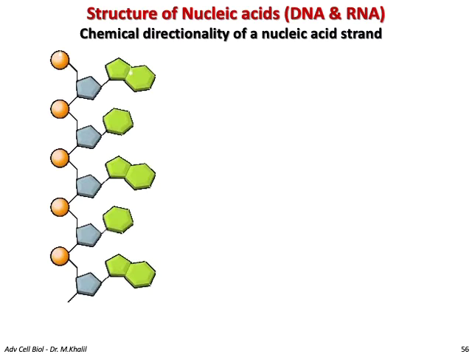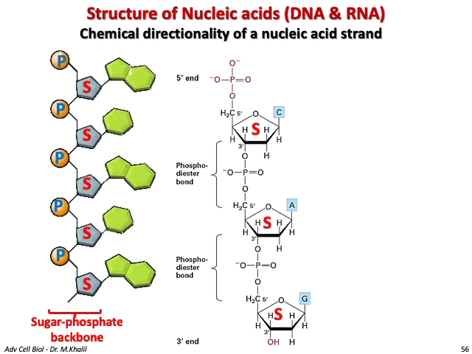If you look closer into the structure, you find that it consists of a phosphate-sugar backbone, and each sugar is bound to a base. If you look at the chemical structure, you'll see the sugar and the phosphodiester bond. To make it simple, if you look closer at the chemical structure, you'll see that you have 2 ends, the 3' end and the 5' end.